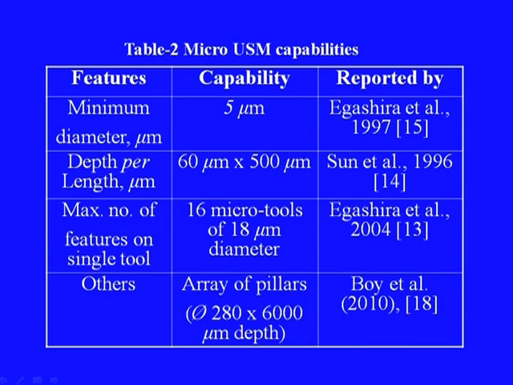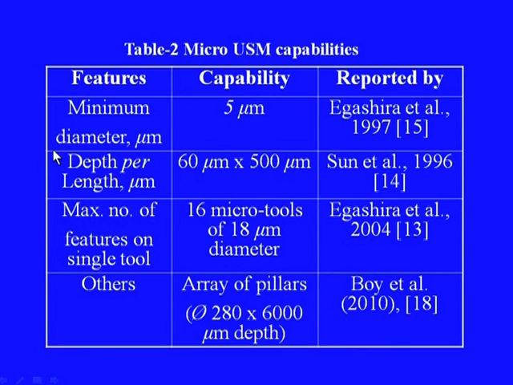This particular table, as displayed on the screen, shows the capabilities of micro USM. Here a few characteristics or features are picked for comparison, and who first reported these features is also shown.